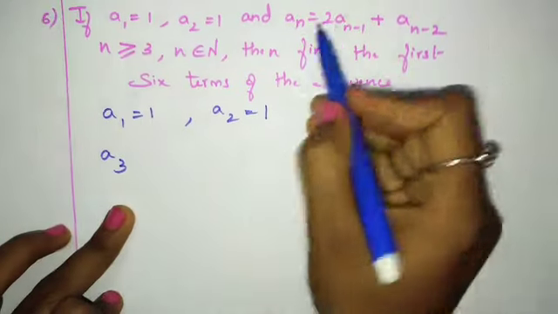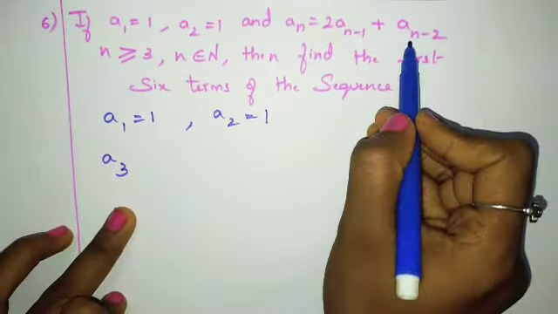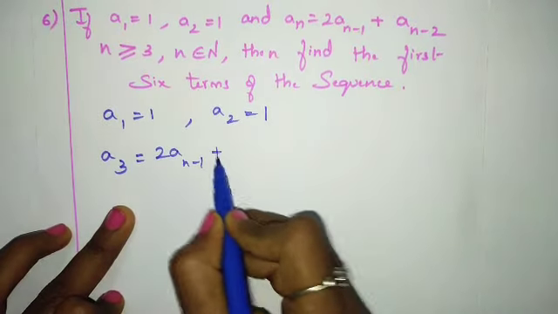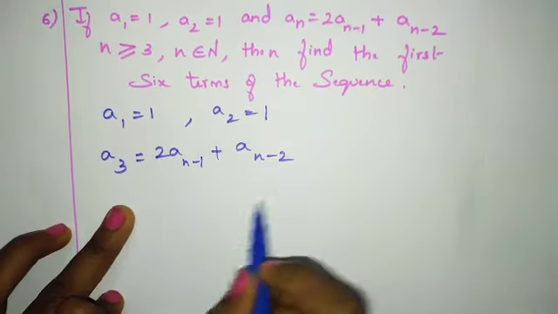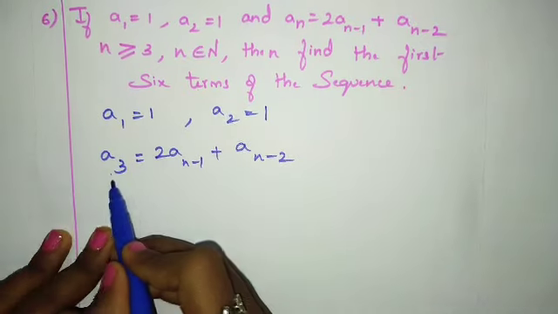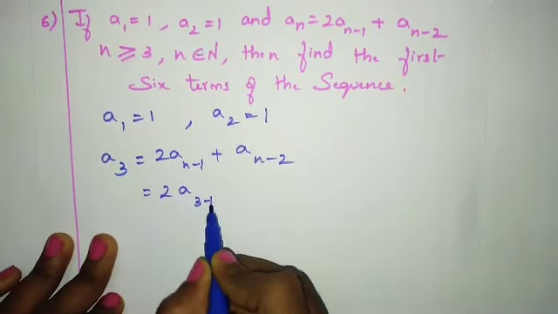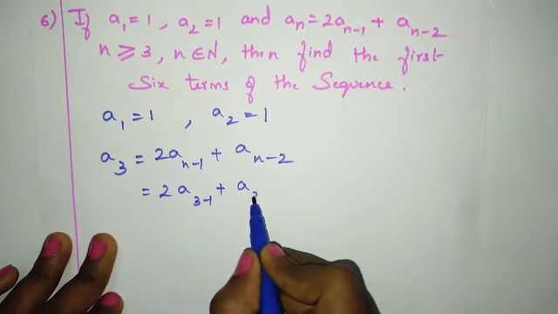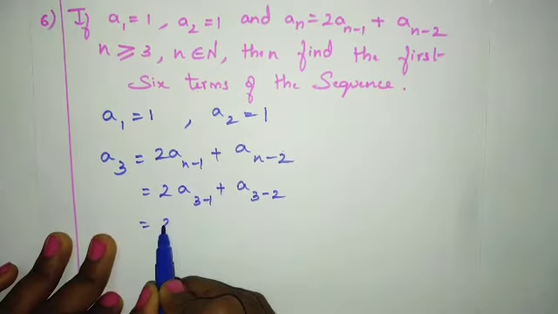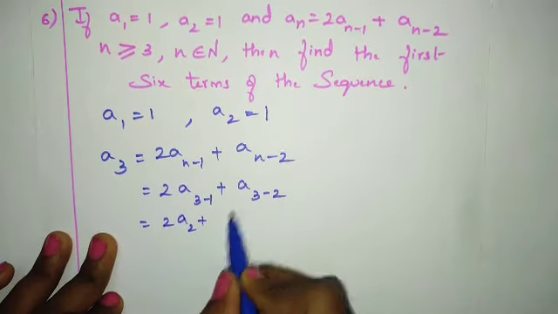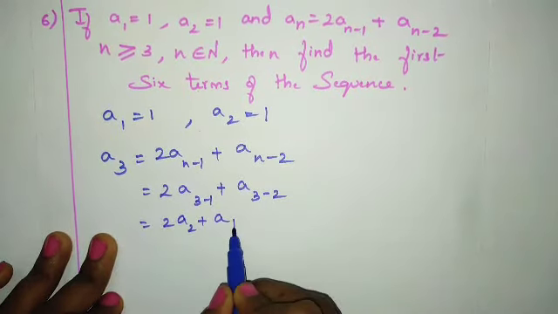To find the third term, they have given the formula 2 into a(n minus 1) plus a(n minus 2), correct? So wherever you have n, substitute 3, that is 2 into a(3 minus 1) plus a(3 minus 2). 3 minus 1 is 2, so a2, plus 3 minus 2 is a1.